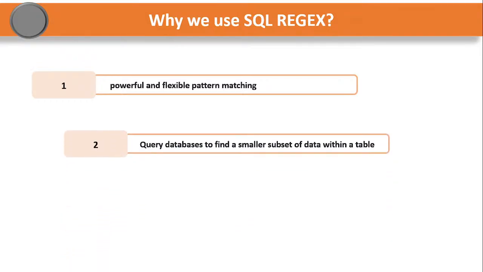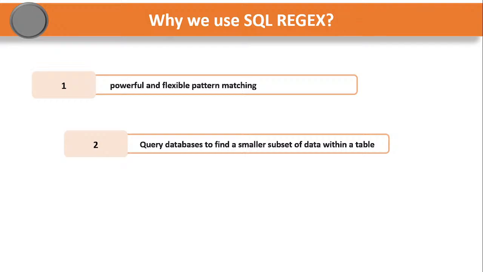The second reason is that it queries the database to find a smaller subset of data within a table. We all know that a simple form of pattern matching has been a part of SQL through the likes of the SQL LIKE operator condition, which provides two wildcards for zero or more characters, that is, the percentage and the underscore. Such characters are termed meta characters as they describe the pattern rather than partake in it.